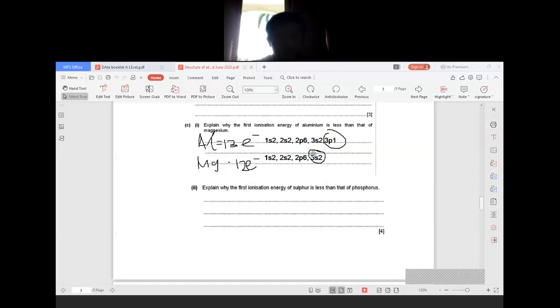Second, electrons in the p orbital have more shielding compared to electrons in the s orbital, because electrons in the p have more shielding. That makes the first ionization energy decrease.